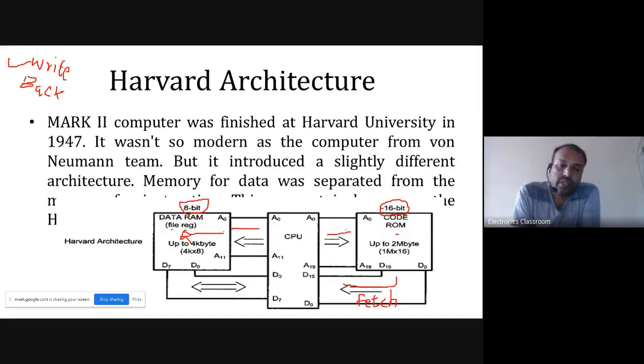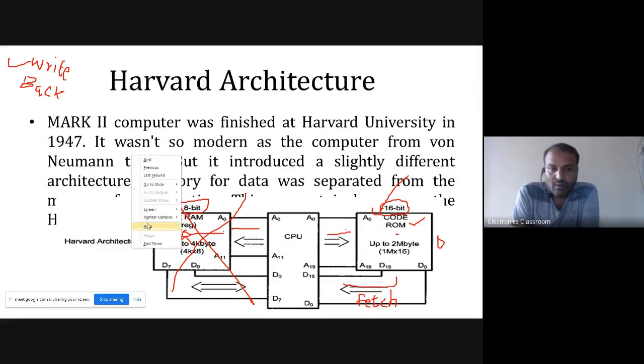Since we are having different memories, just assume that we have only a single memory for data and code. Let us assume a memory structure having only one memory, used for code as well as data, like Von Neumann architecture. Since the memory is the same, the cell size will be the same throughout code as well as data.